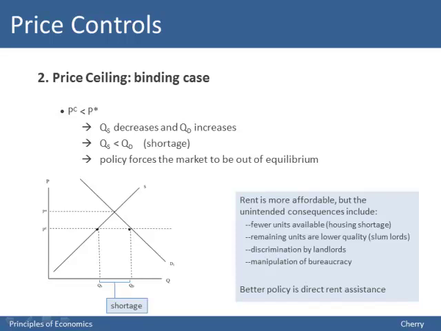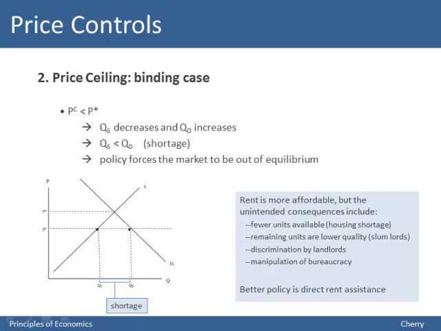But on the other side, the demand side of the market, you'll see more and more people want those units. Because now prices have gone down, and whereas before you might have had roommates living together with the higher rents, now maybe they want to go out and find their own apartments. So you have this simultaneous divergence between the supply and the demand side of the market that creates this shortage.